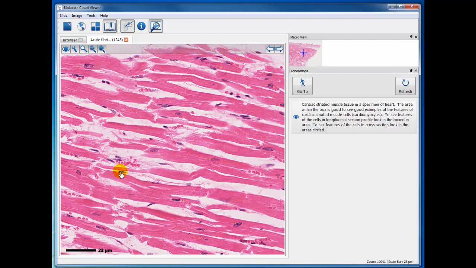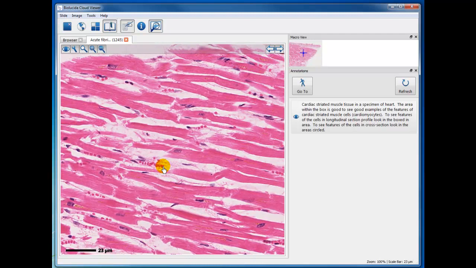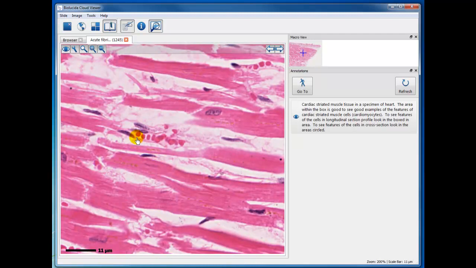Any of these flattened nuclei you see here, even if I enlarge this a little bit more than I should and it's a little blurry, you can still see a flattened cell here and red blood cells. That is a capillary, and those are endothelial cells.